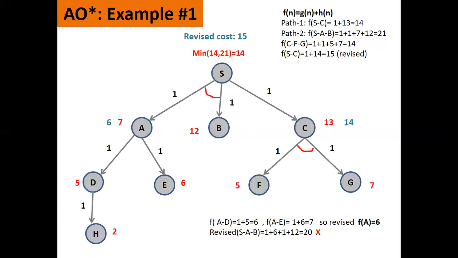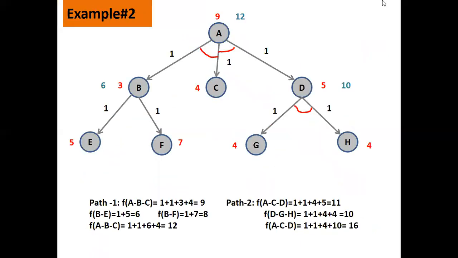Let us take one more example to make the things more clear. Okay, now this is again a second example. Again, this is my problem statement, which is divided into a number of branches, you can say. But here I have both an AND arc. So now the paths from A will be again 2. The first path will be A, B, C, and the second path will be A, C, D, right?